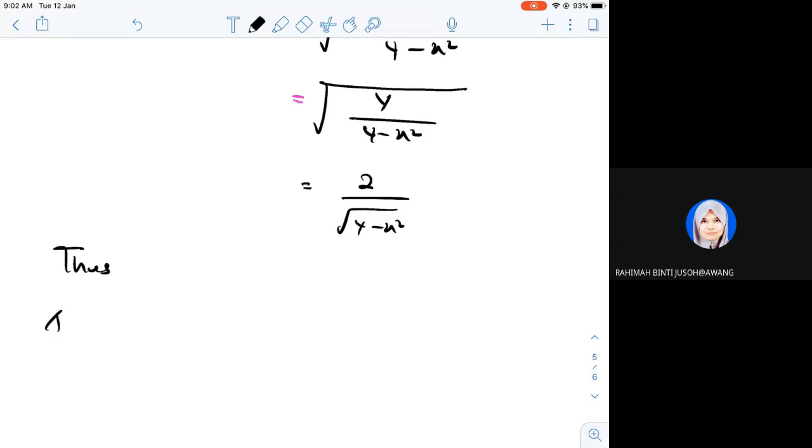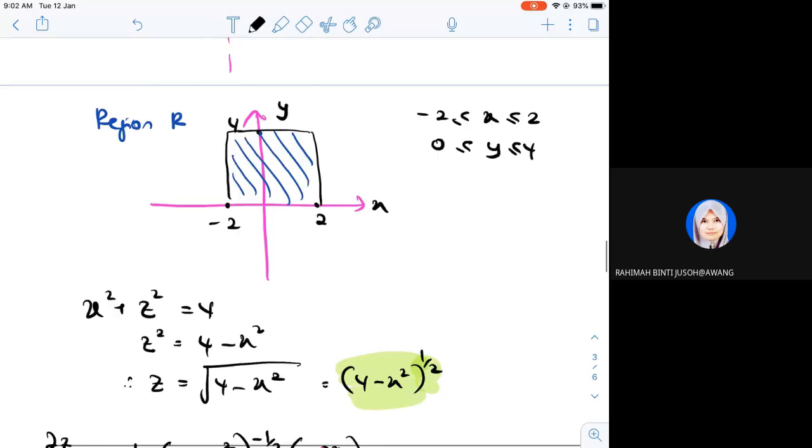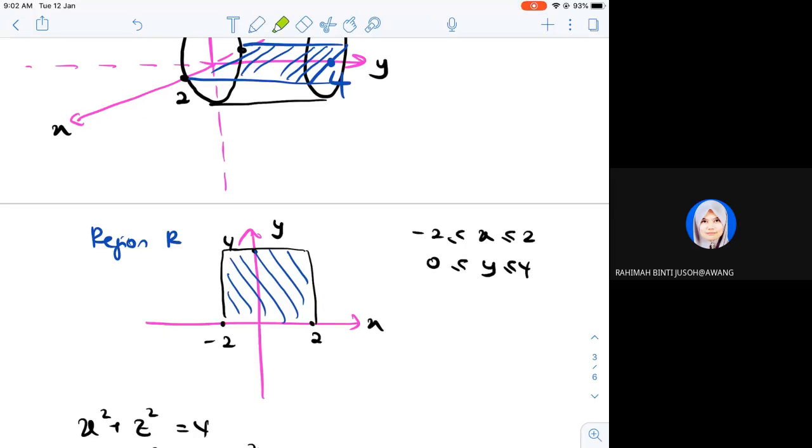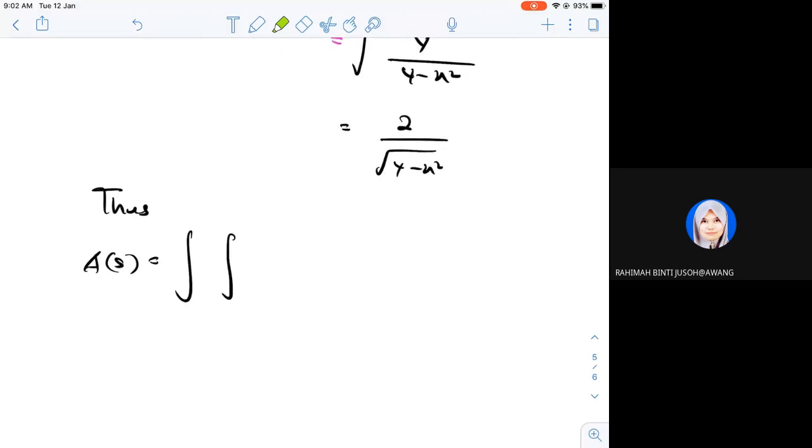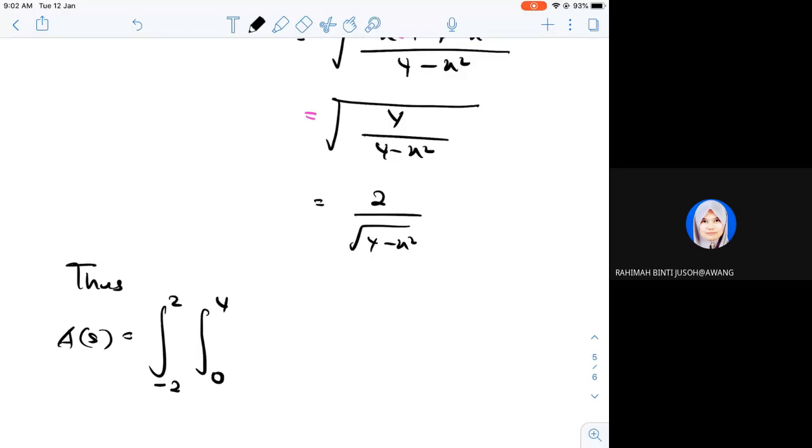Thus, our surface area equals to double integration. Okay, so now this is our region R. Of course, this becomes our limit of y and limit of x lah. Okay, so dia akan jadi limit of integration y from 0 until 4 and then x from negative 2 until 2. And then the middle function here should be this.